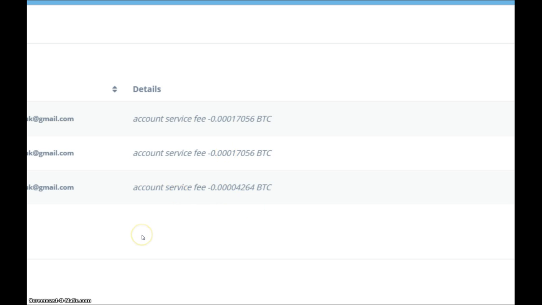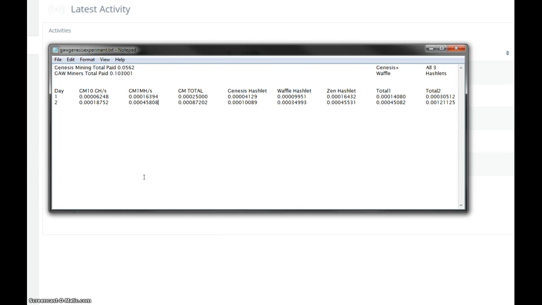Now what I'm going to do is bring up a notepad document that I did, and we're going to compare what we got with Genesis Mining and what we got with Zen Cloud after the fees were taken off. All the figures that you'll see will be after fees. So here's my text document. It's quite straightforward.